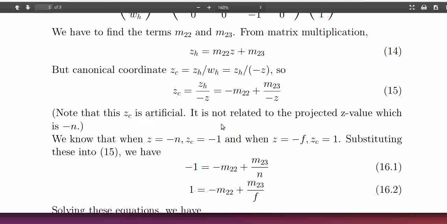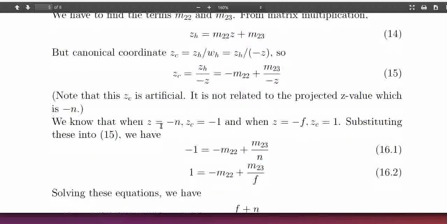It is not related to the projected z value, which is negative n. Also z equals negative n when zc equals negative 1, and z equals negative f when zc equals 1.